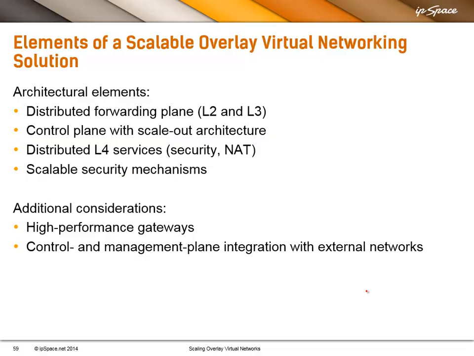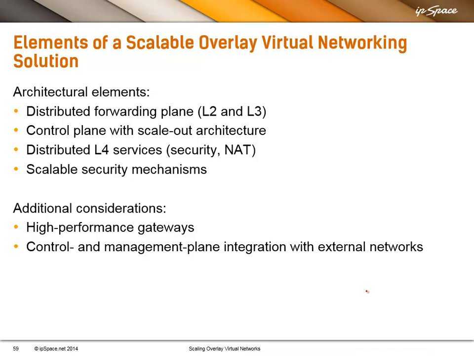We went through a number of elements that any scalable overlay virtual networking solution should have. From the architectural standpoint, we should have a distributed forwarding plane both on layer 2 and layer 3. The control plane should have a scale-out architecture that allows us to connect multiple controllers together.